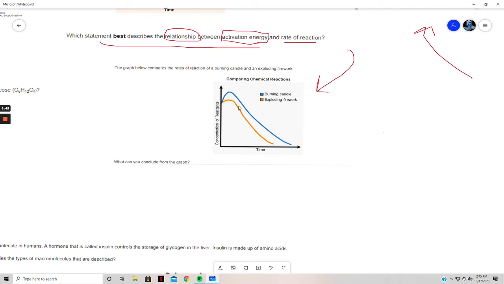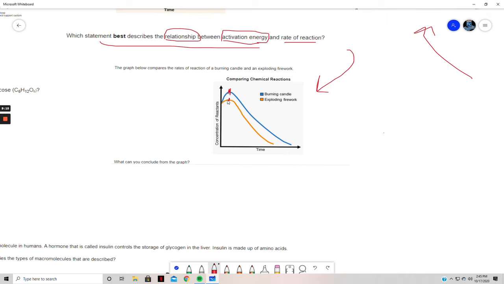The yellow line is an exploding firework, and the blue line is a burning candle. If we're thinking activation energy, you can see at this point right here is when the candle would start to burn. And at this point here, the firework, the gunpowder and everything in there, would begin to burn.